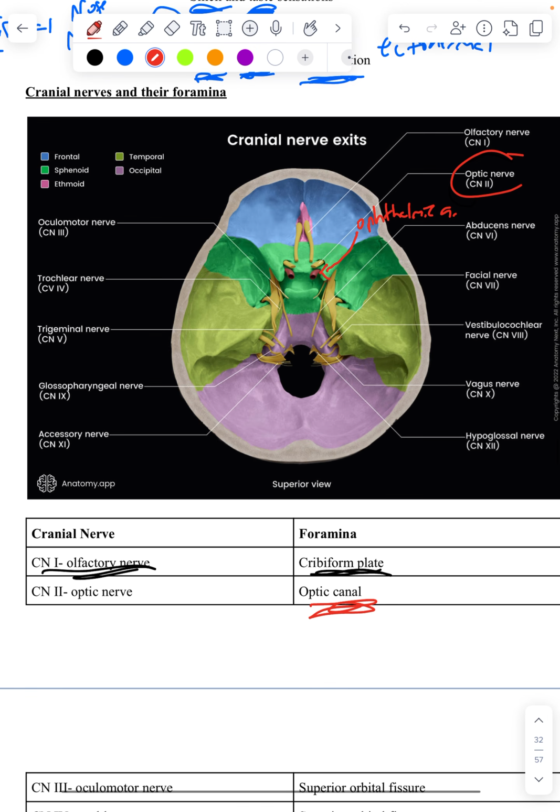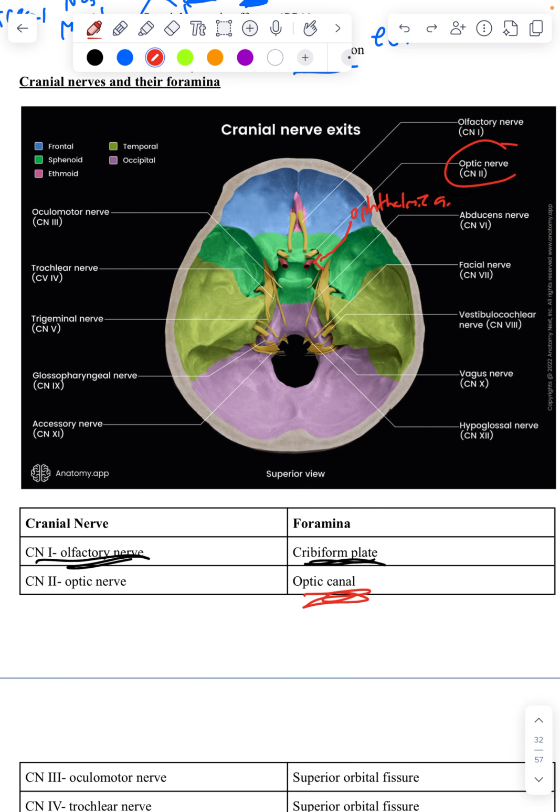Then you have your superior orbital fissure, which is under there if you go in. If you follow it around, like you put a pipe cleaner in lab, it literally goes to the top of your orbit because it's superior orbital. In your superior orbital fissure, so in SOF, you get cranial nerves 3, 4, V1, so only the first part of 5, which is your ophthalmic, not your maxillary or mandibular, which would be V2 or V3, and 6.